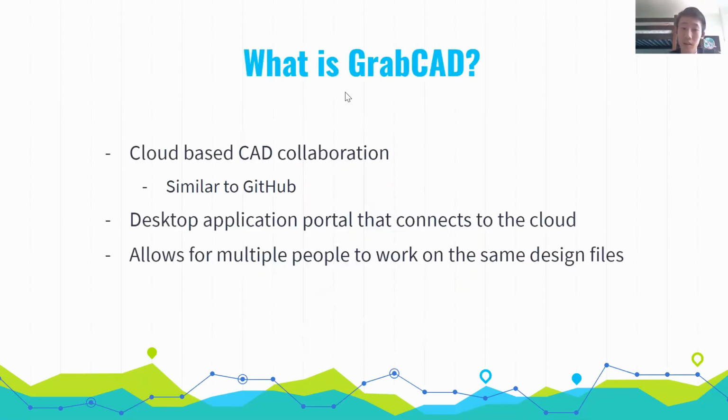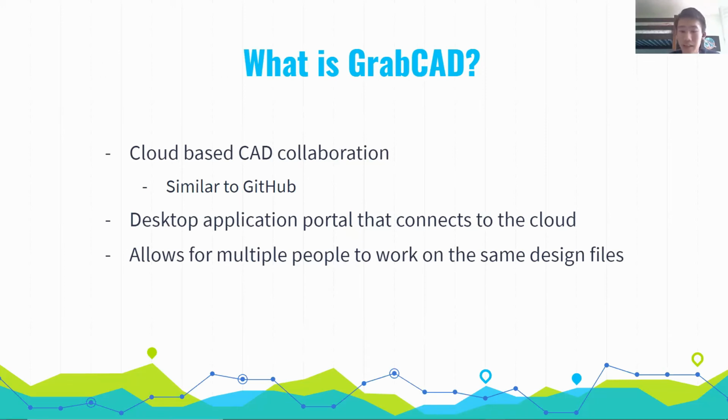Another very useful tool is called GrabCAD. If you're using Fusion 360, it might not be needed because Fusion 360 has an integrated team system that allows you to collaborate with other people. But if you're using other software, GrabCAD is a really good tool. It's basically GitHub for CAD, a cloud-based CAD collaboration tool.